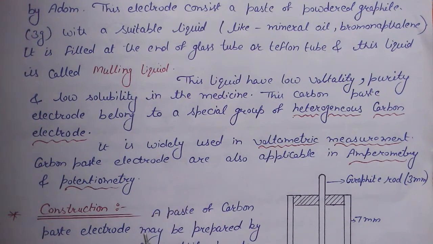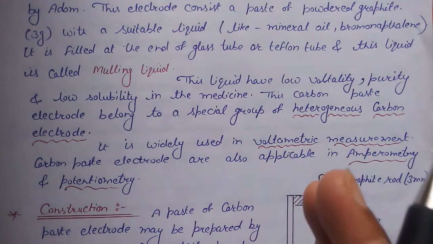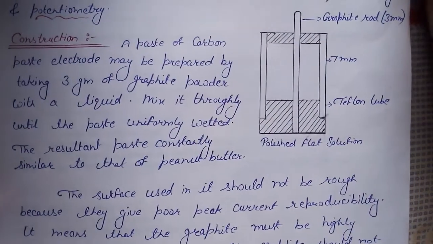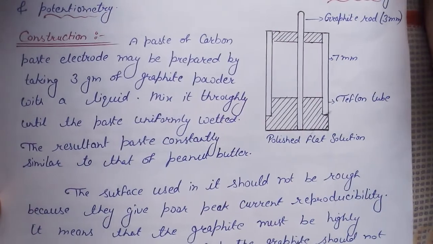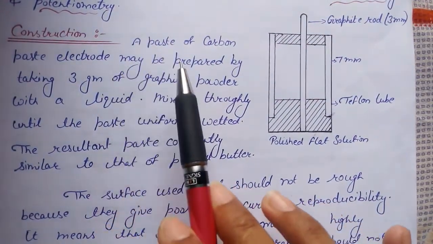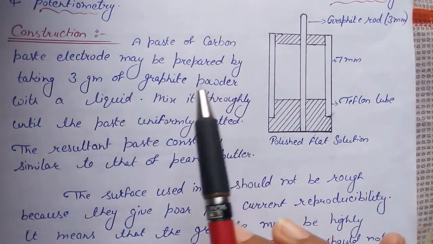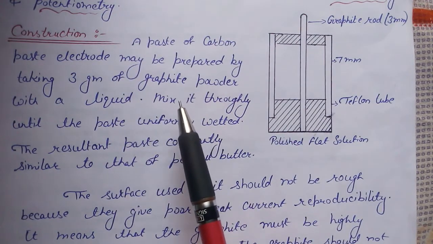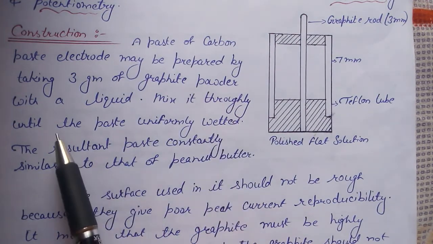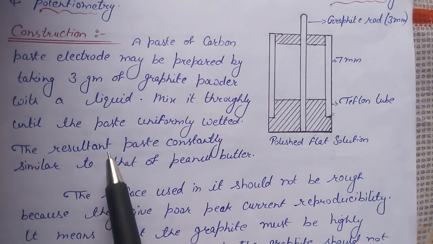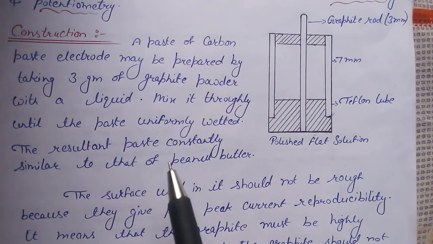Next is its construction and diagram, which is most important. Firstly, construction. A carbon paste electrode may be prepared by mixing 3 gram of graphite powder with a liquid, which we have discussed earlier. Mix it thoroughly until the paste is uniformly wetted. The resultant paste consistency is similar to peanut butter.